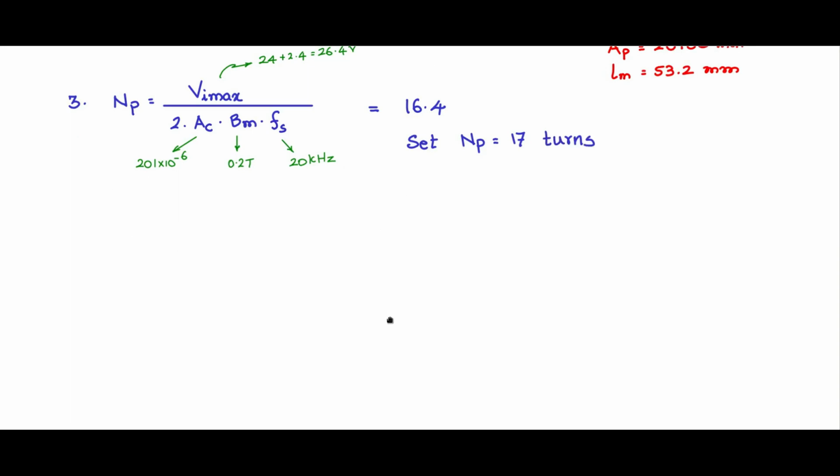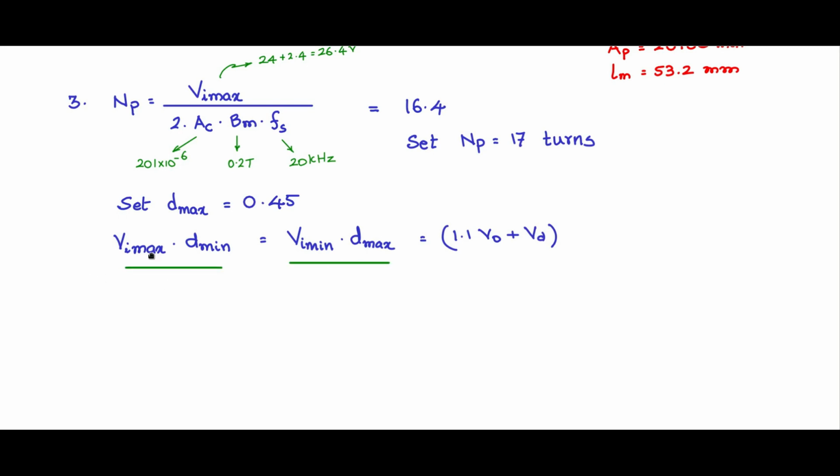Next, let us try to find out what is the turns ratio. Set Dmax as 0.45. Remember that this is a forward converter. You cannot have a duty cycle more than 0.5. Therefore, set Dmax as 0.45 to be on the safer side. And Vi max Dmin should be equal to Vi min Dmax, which should be equal to whatever the output voltage, here the upgraded output voltage of 1.1 V0 plus Vd.